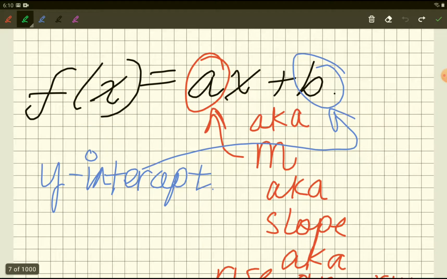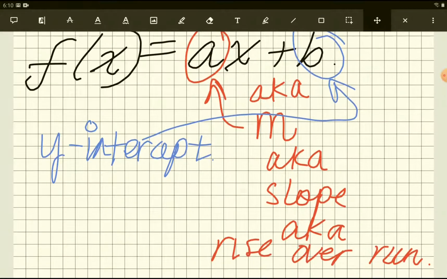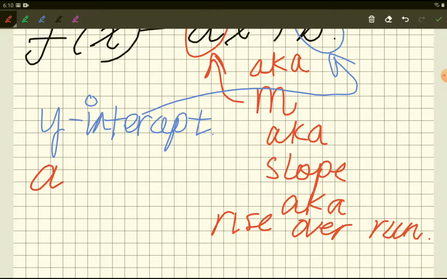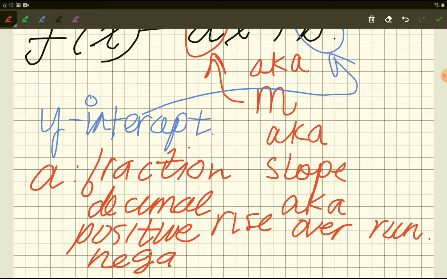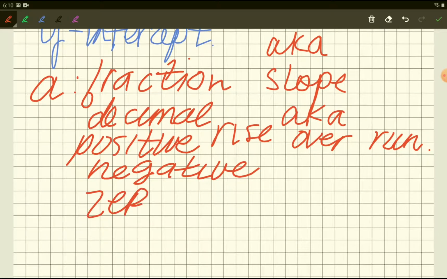A and B, also known as M and B, are the magic pieces that determine what different linear functions look like. A can be a fraction, most of the time it is, or a decimal. It could be positive, negative, or it can be 0.